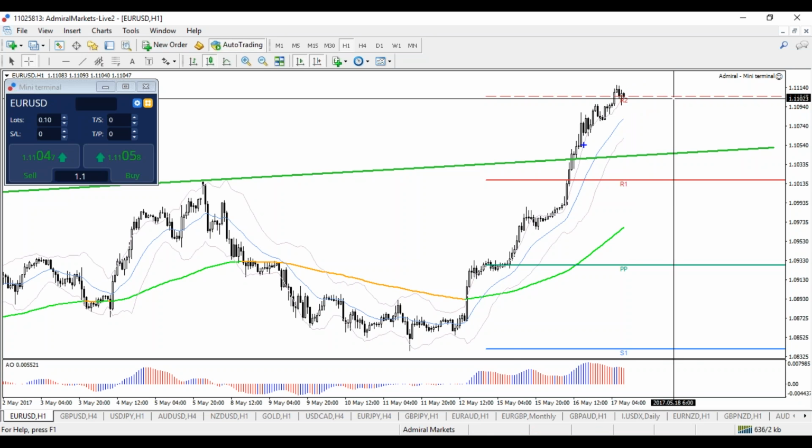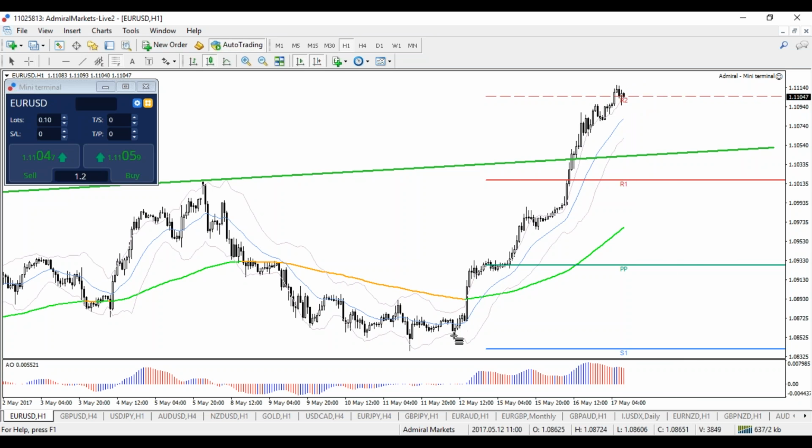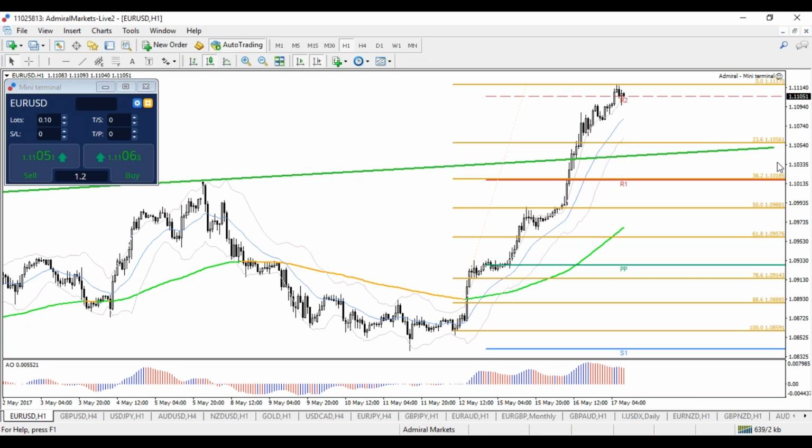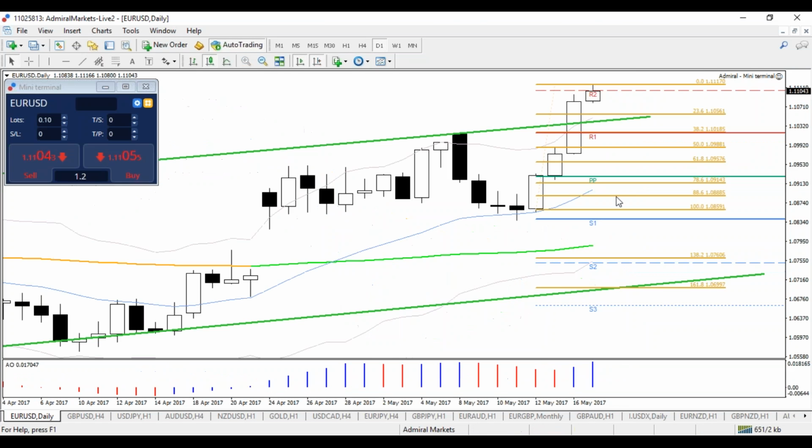So I'll be looking for price to correct down to, I would like to see a 23.6 fib or a 38.2. I'm not sure if it'll get that deep. I mean, not that the 38.2 fib is deep necessarily, but considering the strength of the break here, I'm not sure if it will get there, but either of these two would be fine.